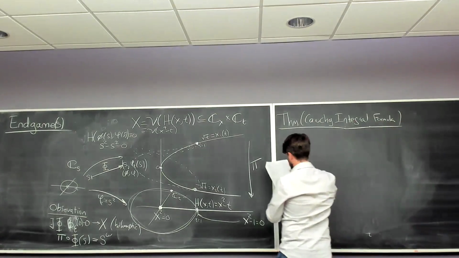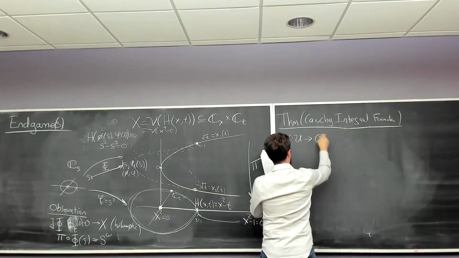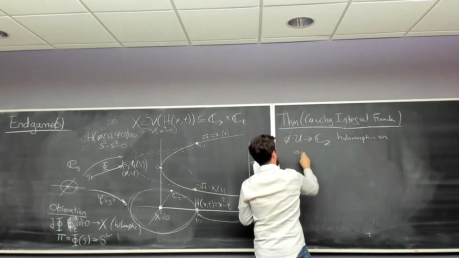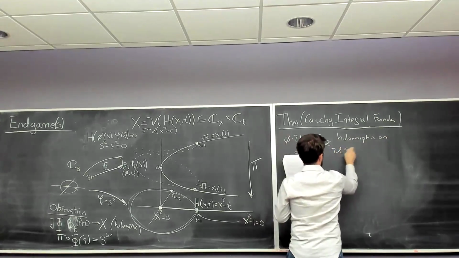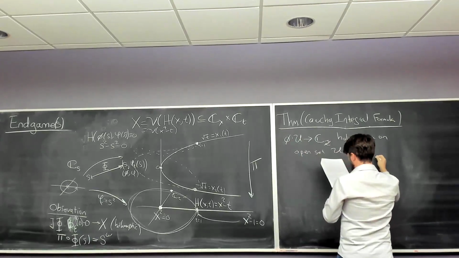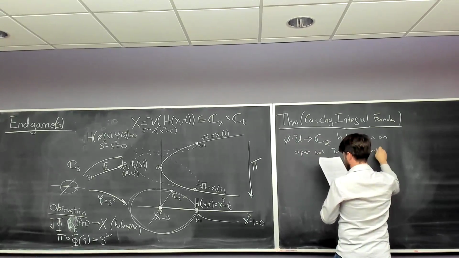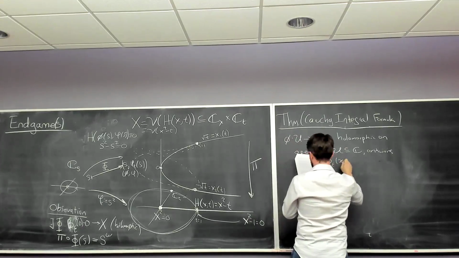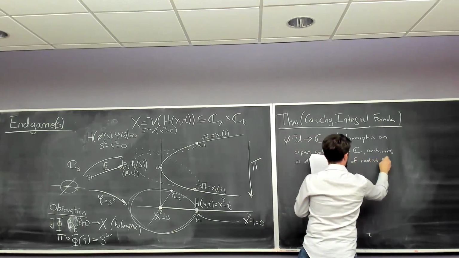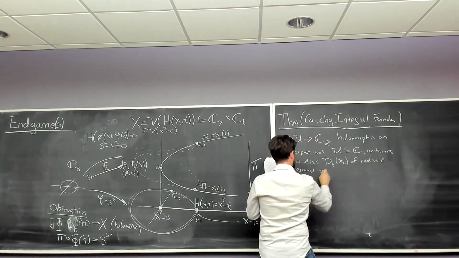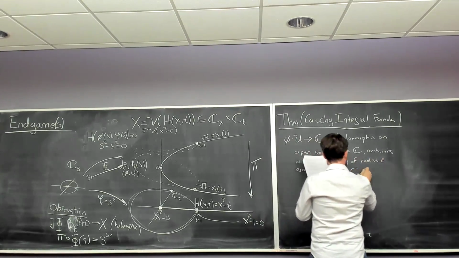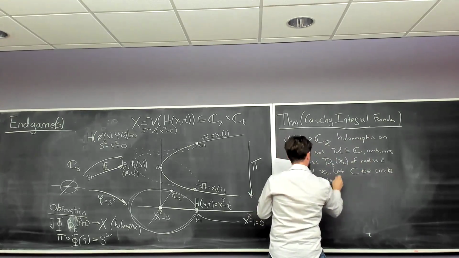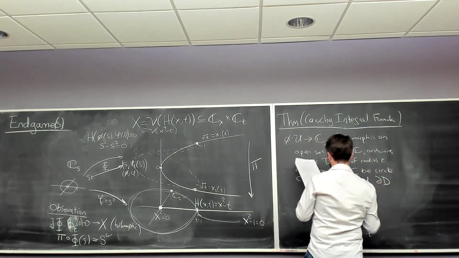So, Cauchy integral formula. We have a holomorphic function phi on some open set U inside C, containing the disk of radius epsilon, and let C be the circle, counterclockwise oriented, around the boundary of that disk.